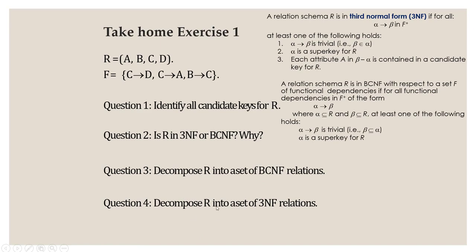If it's not in BCNF or 3NF, decompose it into 3NF. So it has 4 parts, so this will take you some time. I have copy pasted over the conditions of 3NF and BCNF. Take a few minutes to work on this, and once you're done, hit play.